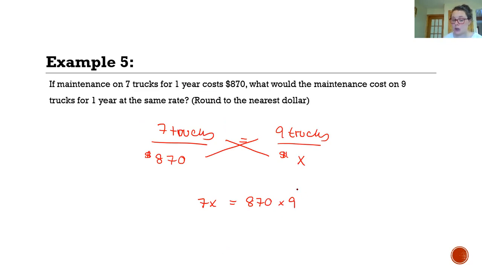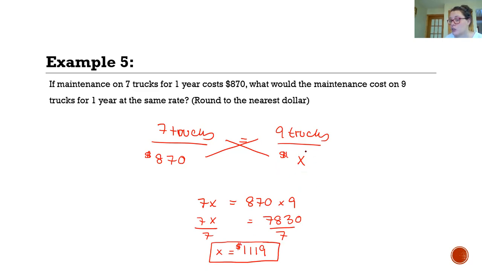I've left my units out when I'm writing here just because sometimes it makes it a little easier to see. So 7x is equal to 7,830 divided by 7. X is equal to $1,119 because we had to round up to the nearest dollar.